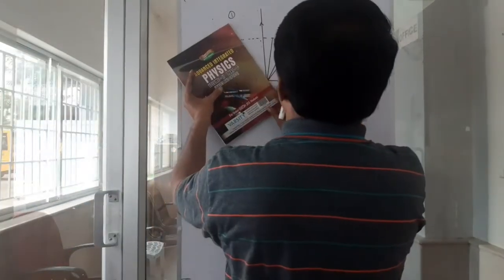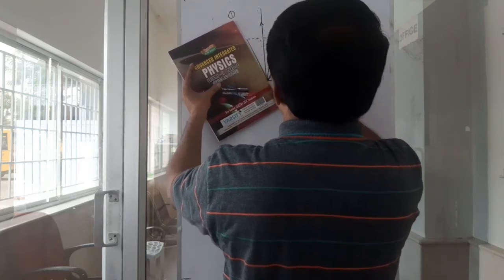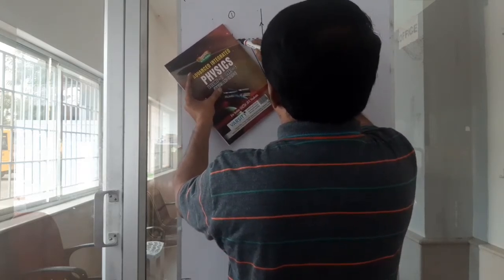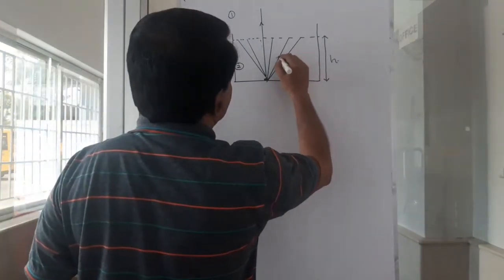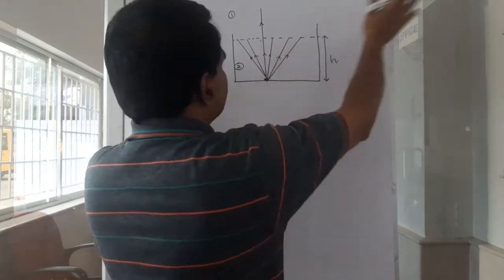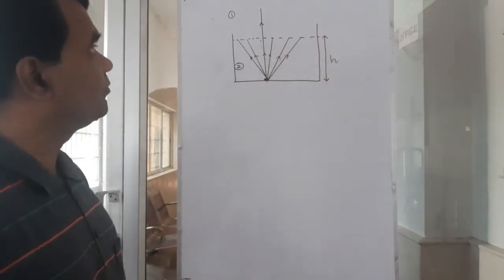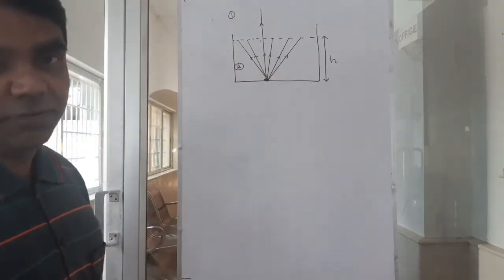Likewise, the other side. So from this point, the light rays are going in all these different directions. Everywhere. What will happen to this ray, for example?